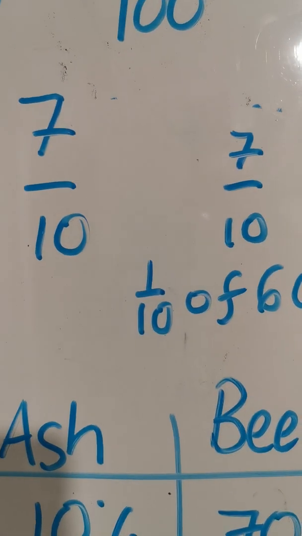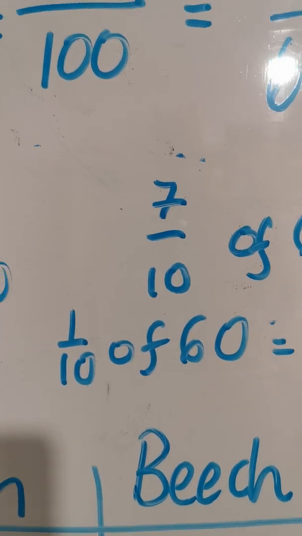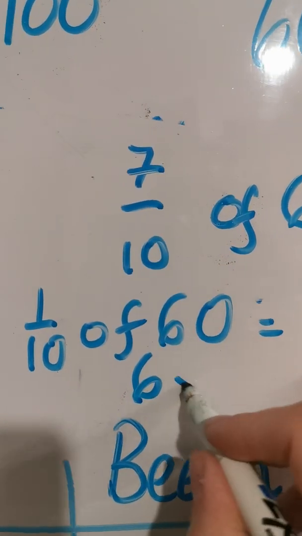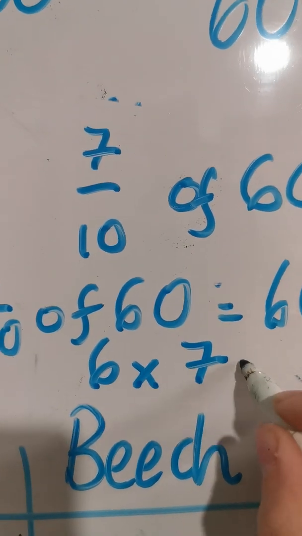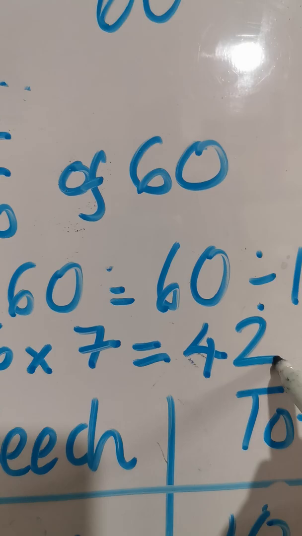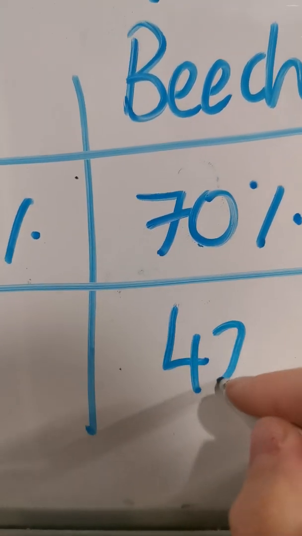So if I have 1/10 as being 6, what would 7 of them be? So then I take my 6 and I have to multiply it by 7 because I want 7/10, which gives me 42. I can now put 42 in the box.